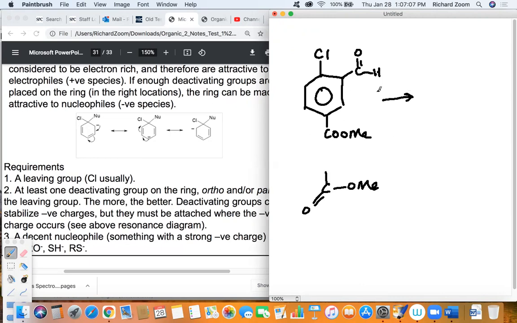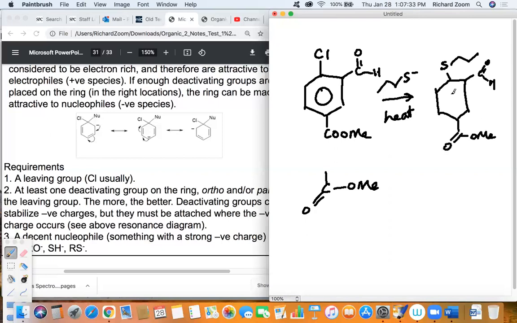And then I can add something like this with the S minus on there and heat. And the product would end up being, because this would work with the S like this, having replaced the Cl group. So that would actually go.